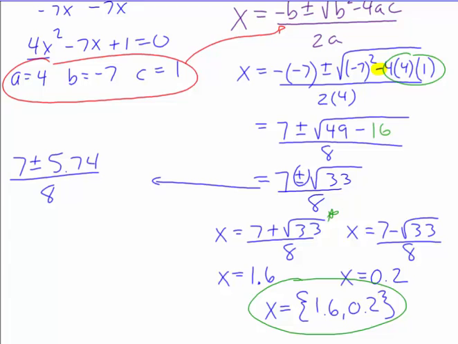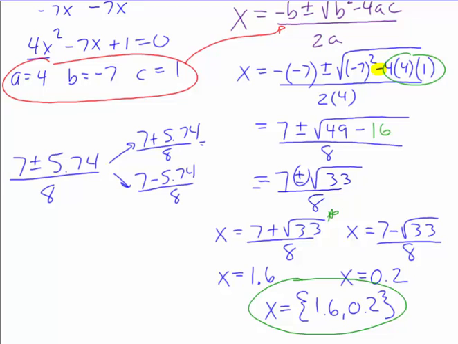And then that goes into our two options. We have 7 plus 5.74 all over 8, or 7 minus 5.74 all over 8.